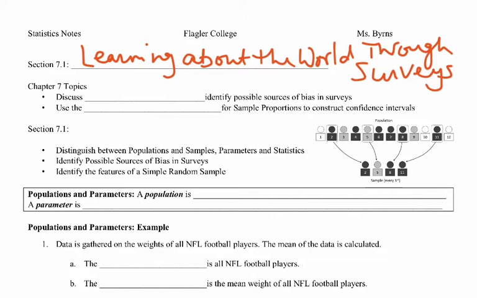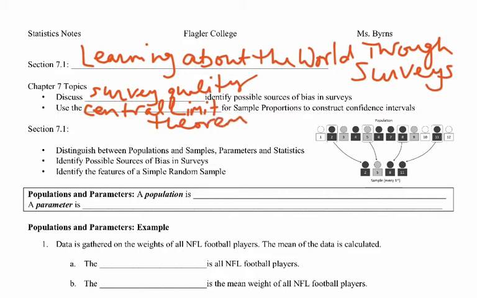So the learning objectives for this entire chapter, Chapter 7, we're looking at survey quality, to identify possible sources of bias in a survey, and we're going to use something called the central limit theorem for sample proportions to construct something called a confidence interval.